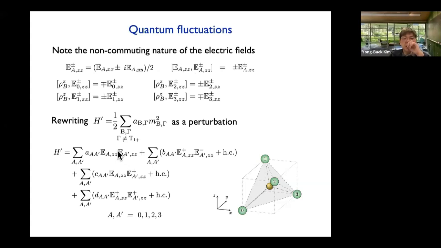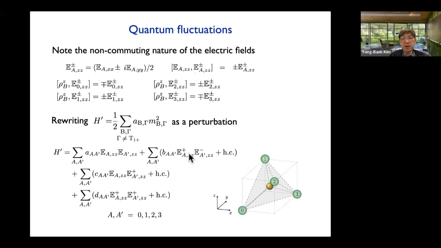It turns out this generates quantum dynamics. For example, look at this E plus E minus term. This is like an S plus S minus term in the quantum spin ice problem. It represents the raising and lowering operators on nearby a tetrahedra.